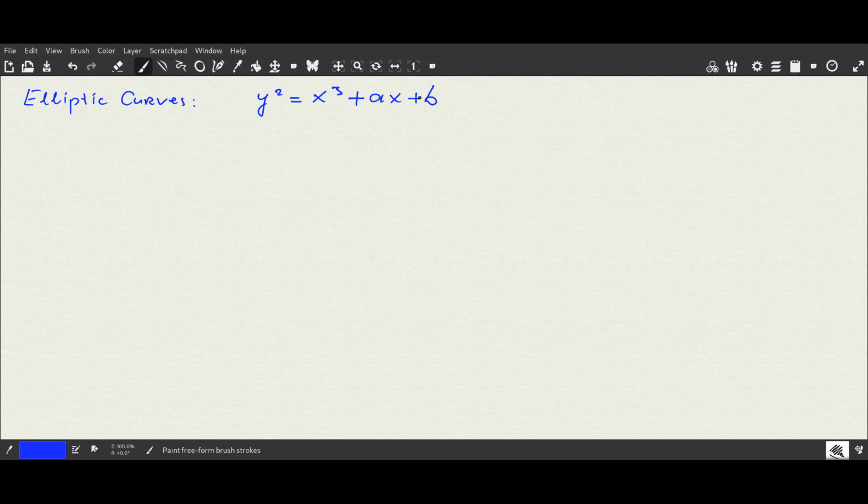So if these genericity conditions are not fulfilled, then an elliptic curve may have a cusp or it may have a self-intersection. So for example, having both coefficients a and b equal to 0 is actually no good.